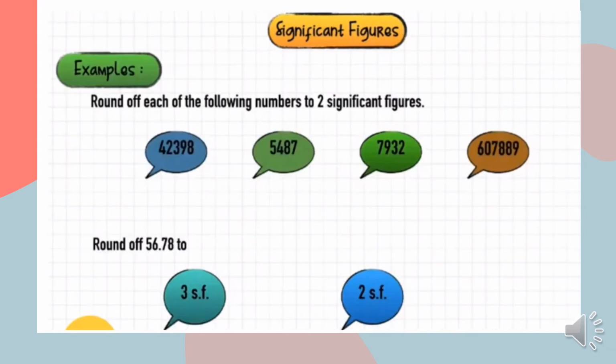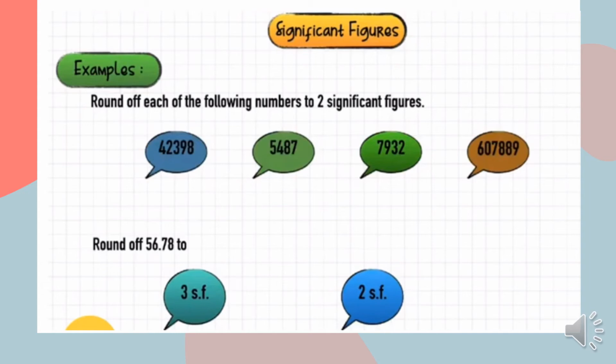Okay, for this one, we are still in significant figures. The question is round off. So round off each of the following numbers to 2 significant figures. Meaning, bundarkan setiap nombor di bawah ini kepada 2 angka bererti. Okay, 2 significant figures. So how are we going to do this?